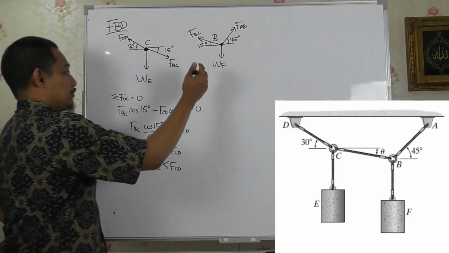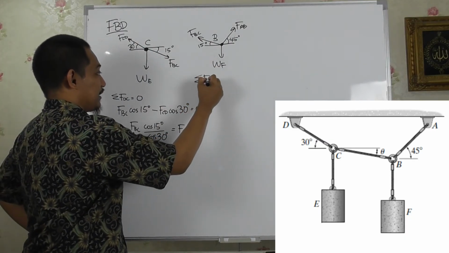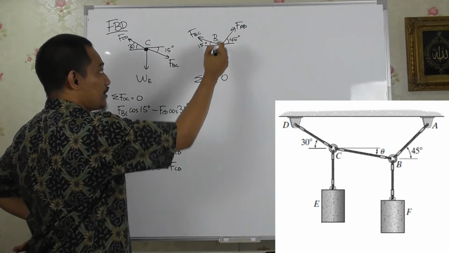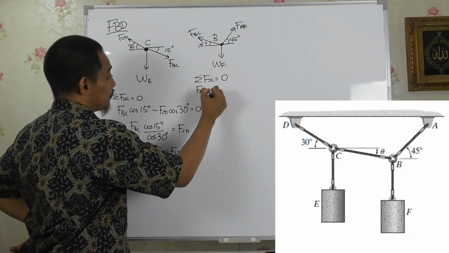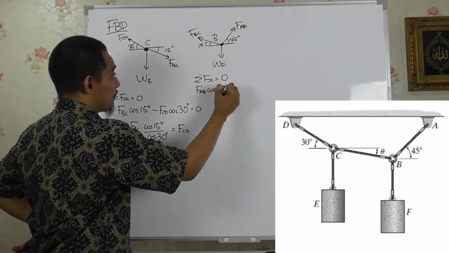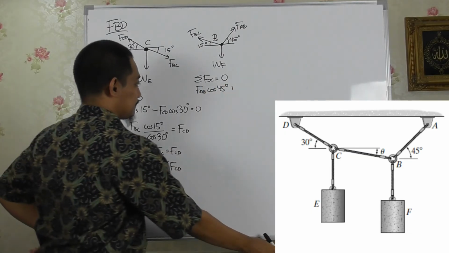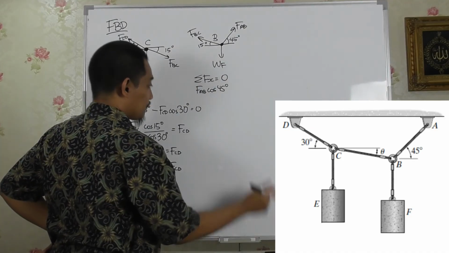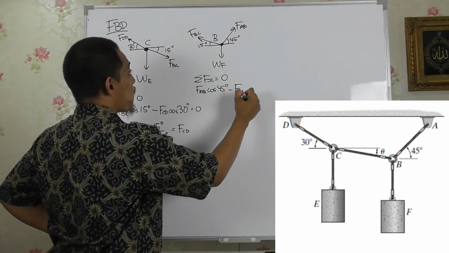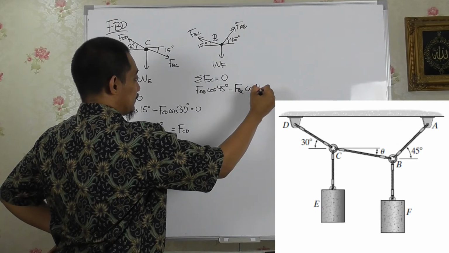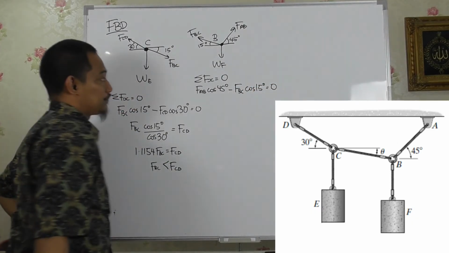What about this one? Here if you do summation of Fx equal to 0, we will have FEB cos 45 degrees minus FBC cos 15 degrees equal to 0.